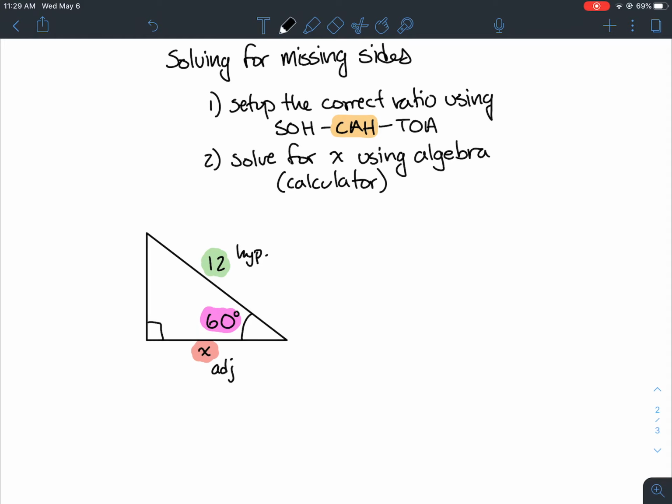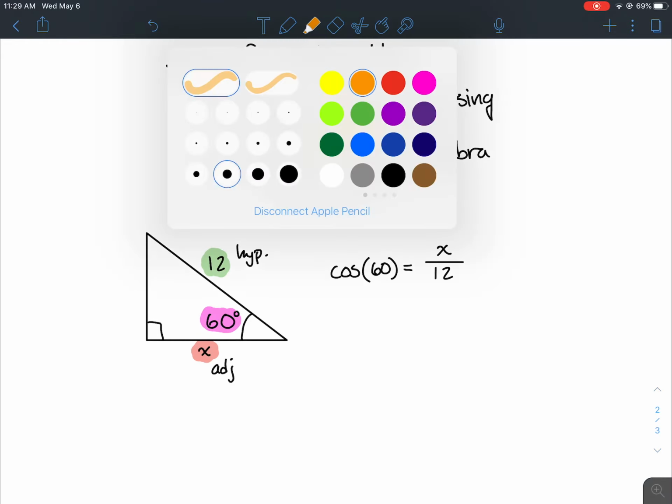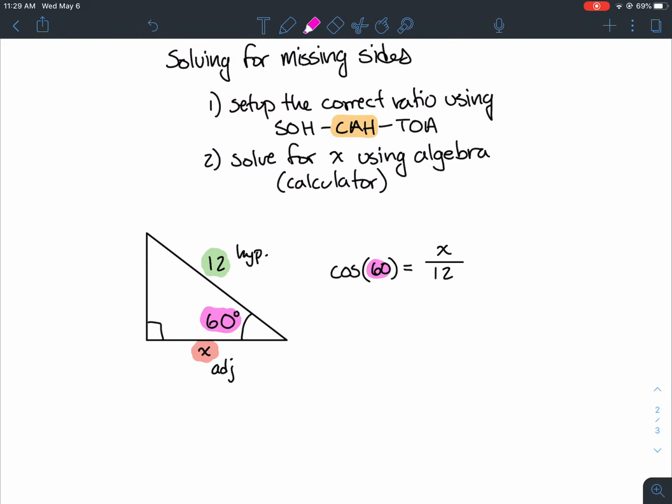So the way I set this up is I'm going to say cosine of angle 60 is equal to, I don't know the adjacent, so that's my x, over the hypotenuse, which is 12. So you can see we're not changing anything except we're just using numbers, and now our unknown is that x, which is the adjacent side.